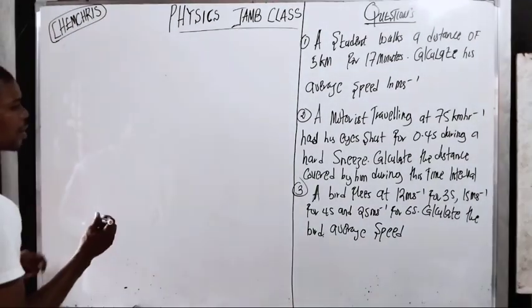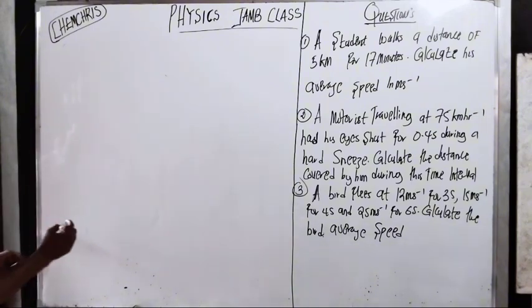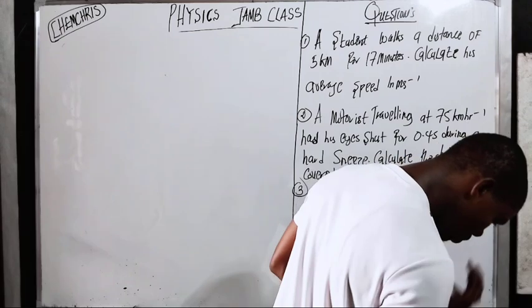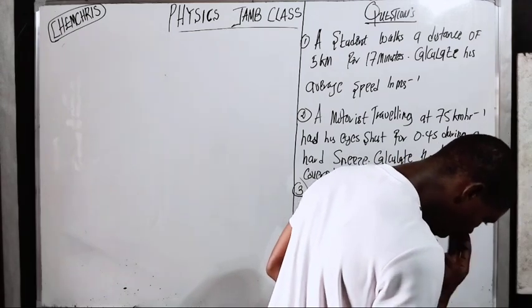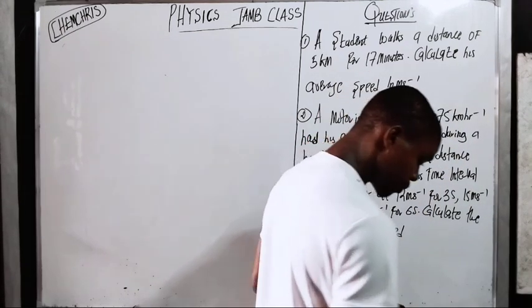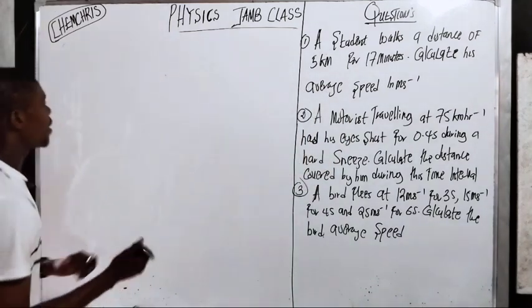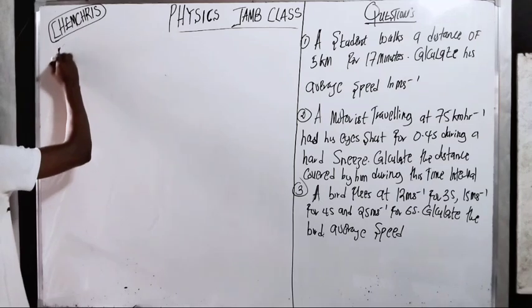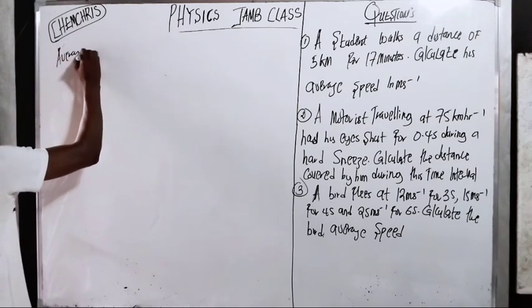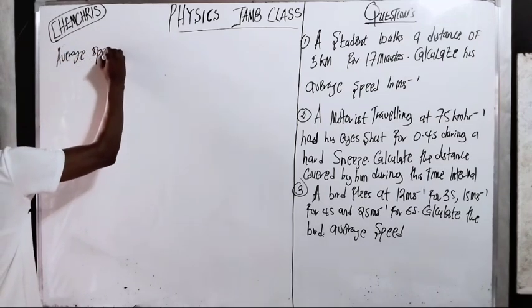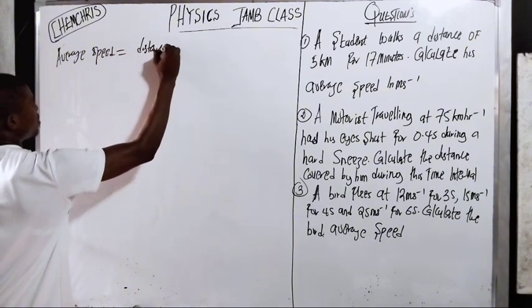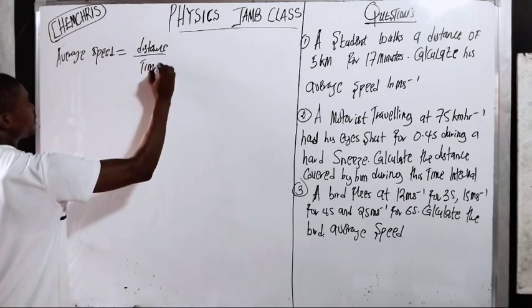So here we have the first speed. Remember, average speed is total distance over total time.